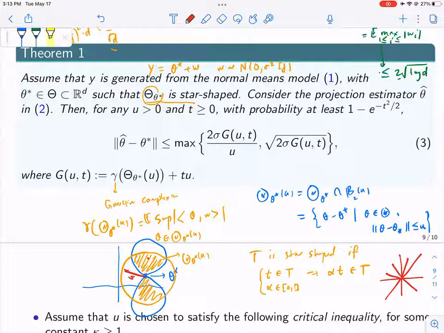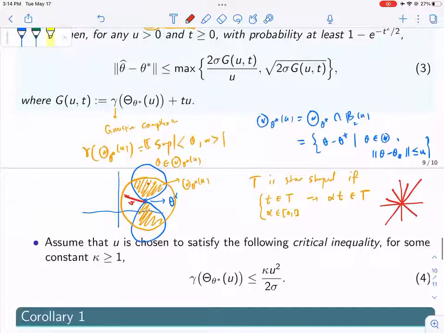So the first thing to do, whenever you have a bound like this, I have a bunch of parameters that I can choose. So t is not that important. This u is important. One thing that we can do is optimize over this u, and it's not hard to argue that one of them goes down and one of them goes up as I change u.